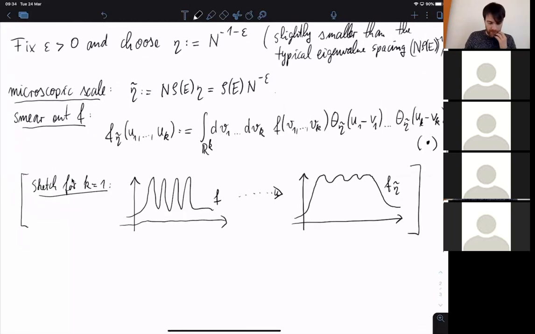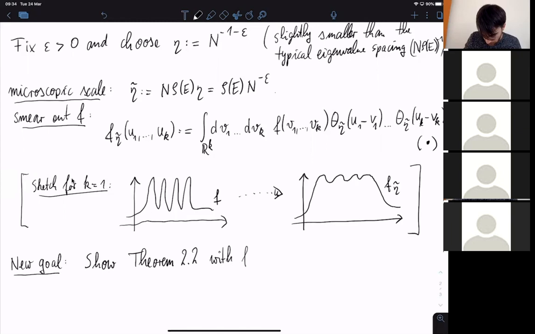Okay, and now we will have a new goal. Namely, we want to prove first the statement of theorem 2.2 where f is replaced by f eta tilde.